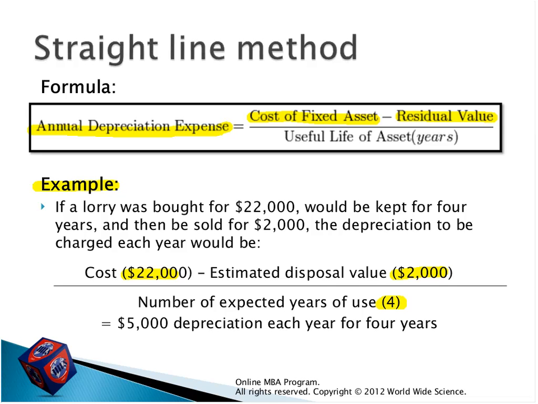At the end we get 5,000 USD, which is the depreciation cost for each year over the 4 years. So each year we have to show that our depreciation cost for the lorry is equal to 5,000 USD, and we show it in our income statement during the 4 years.